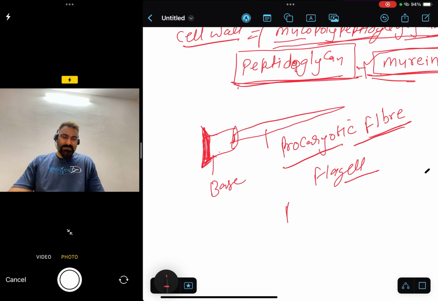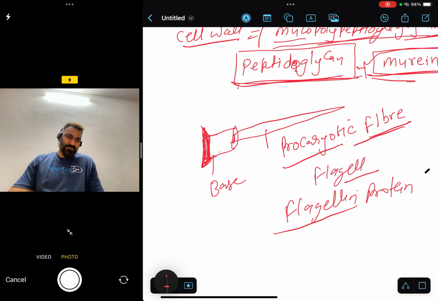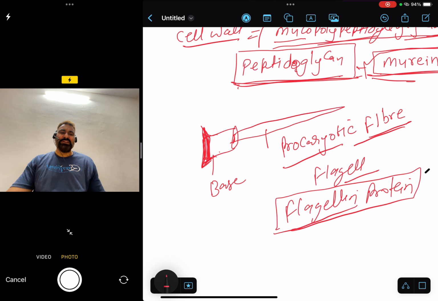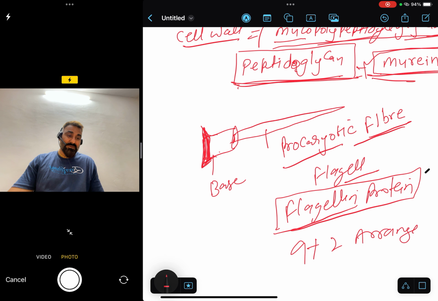These fibers are protein fibers known as flagellin protein. Very important: the bacterial flagella is made up of flagellin protein, a primitive type of structure in which the 9 plus 2 arrangement is not found.